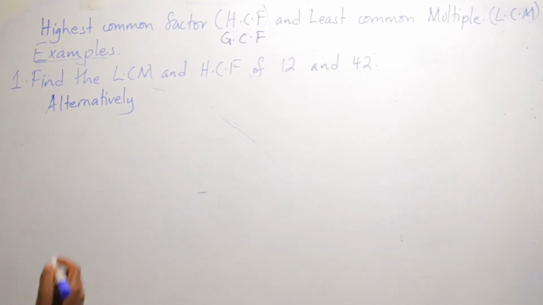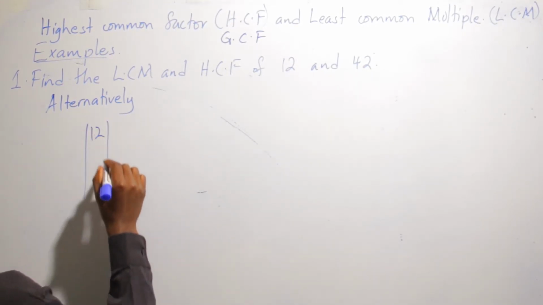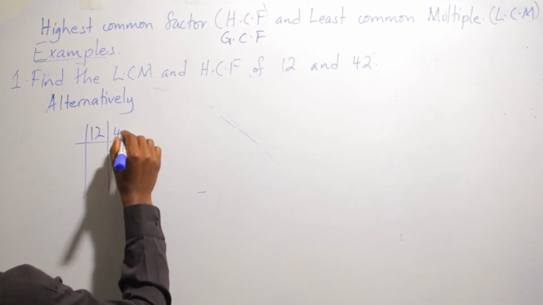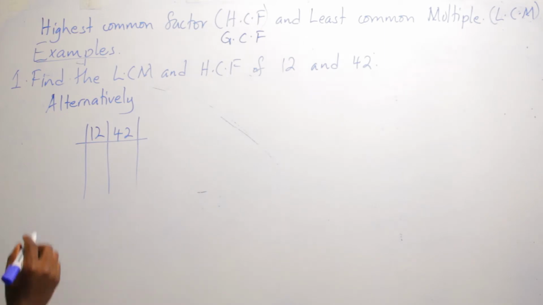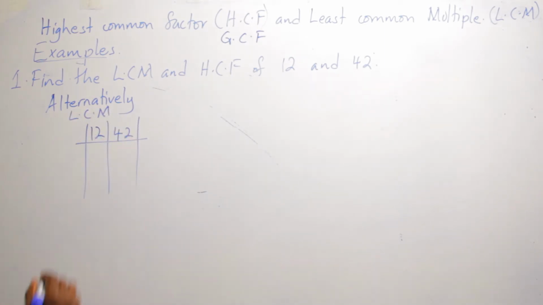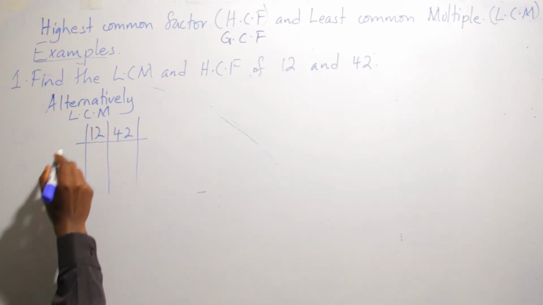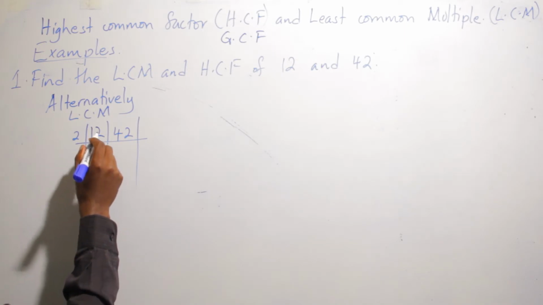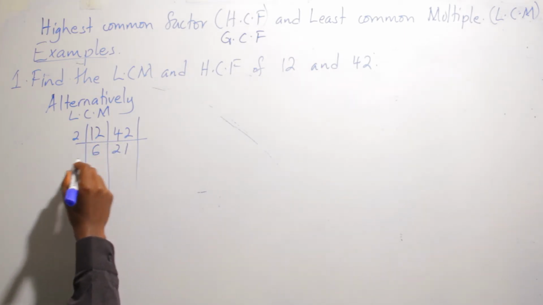So alternatively, we can combine the two in the ladder method, the two values whose LCM has been asked. So if I'm finding the LCM, I get any number that can divide these two, and that one is a 2, can divide 12 to have a 6, and divide that one to get 21.